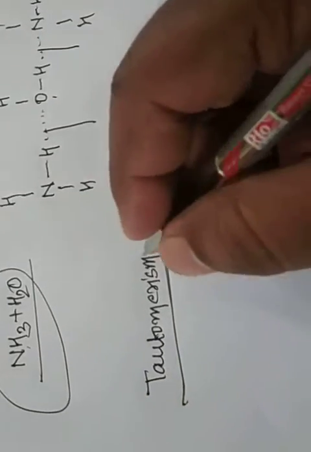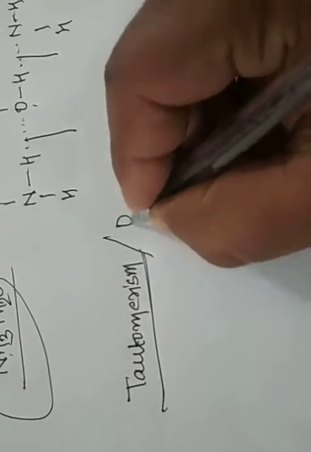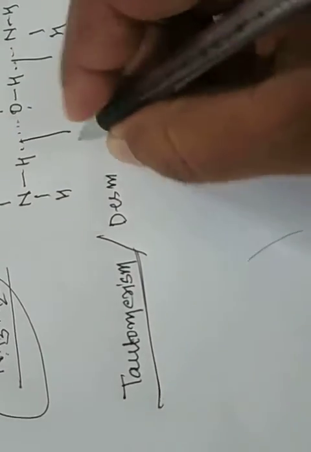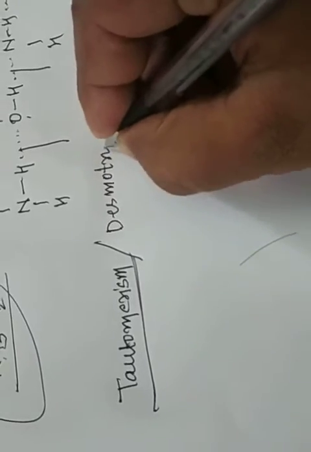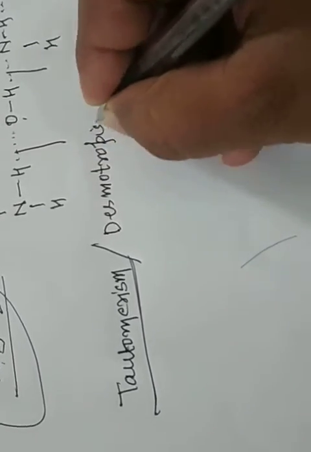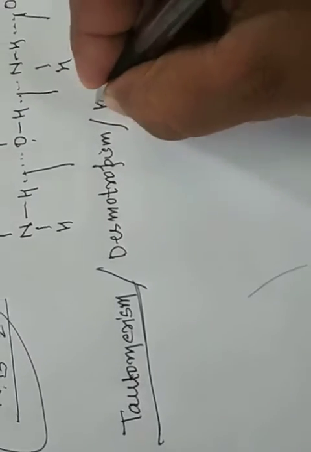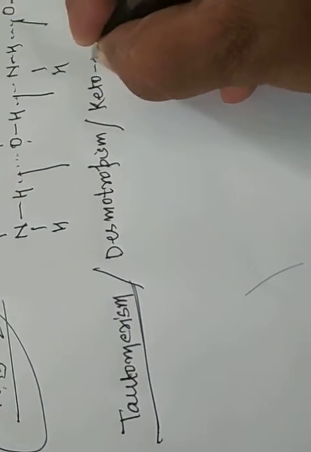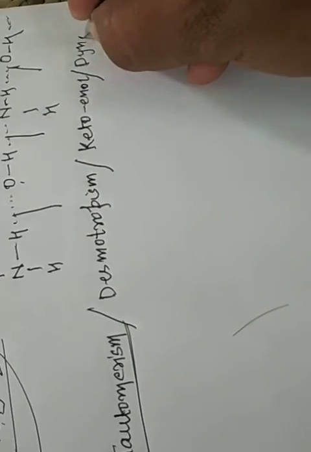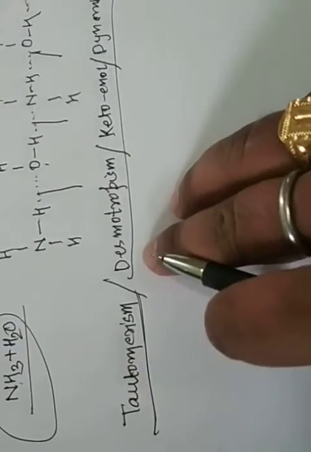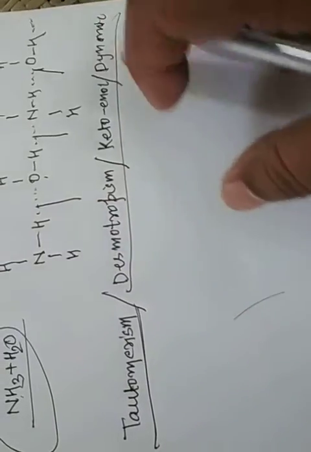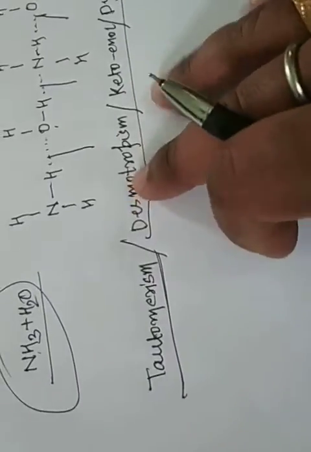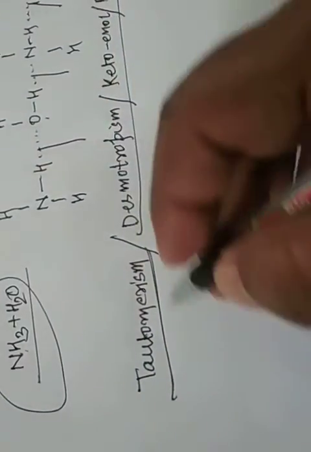Look, tautomerism is also known as desmotropism, also known as keto-enol isomerism, also known as dynamic isomerism. There are different names for this isomerism. Clear? So tautomerism, desmotropism, keto-enol isomerism, and dynamic isomerism are the names of tautomerism.